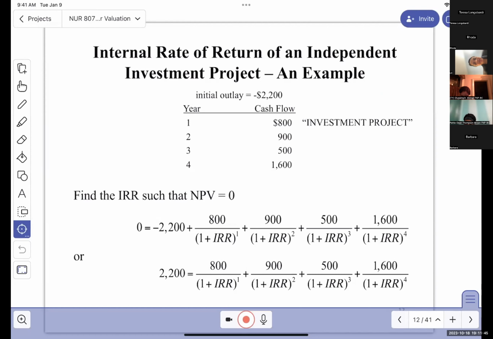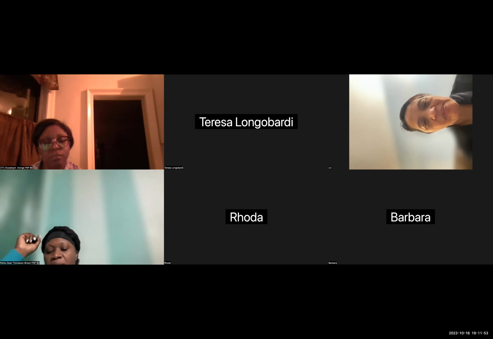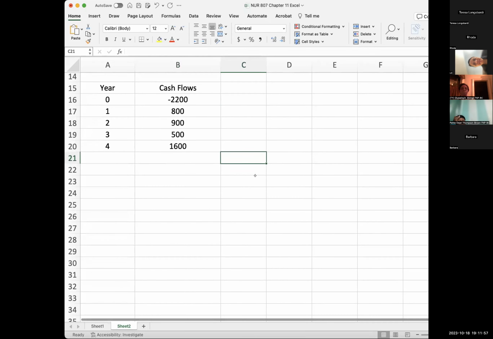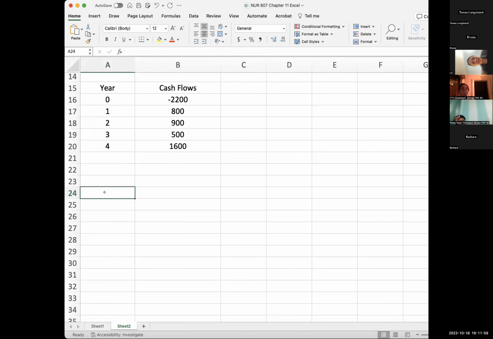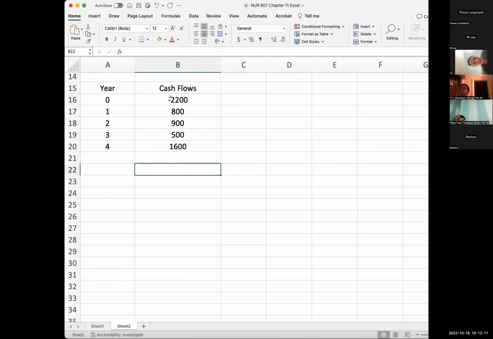Okay, so I'm going to go to my Excel. Okay, so that's my data. Everybody's made a table or no? Okay, there's my table. I made it centered by pressing these here. Center everything. And then I can make them dollars by pressing here.